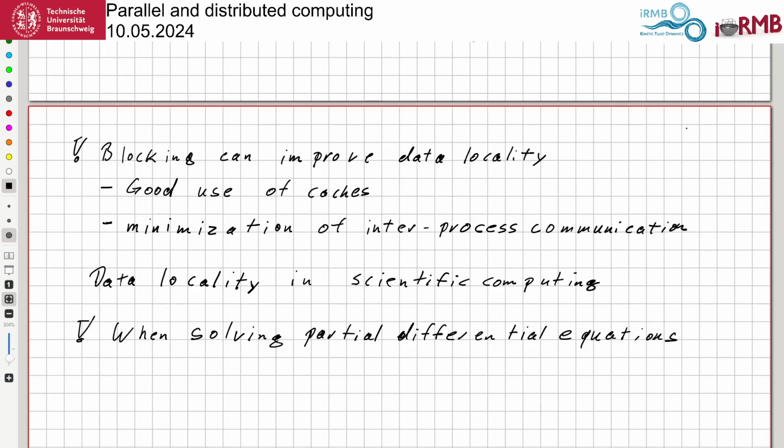Sometimes people forget that this is their purpose. Simulation is solving partial differential equations, and in solving them, operations often depend on their neighborhood.